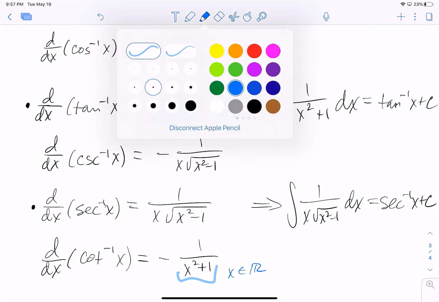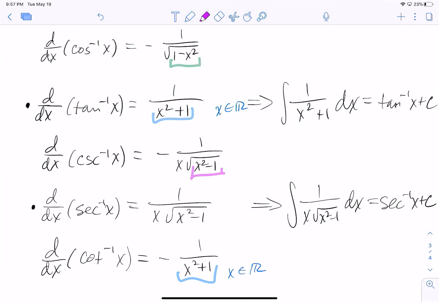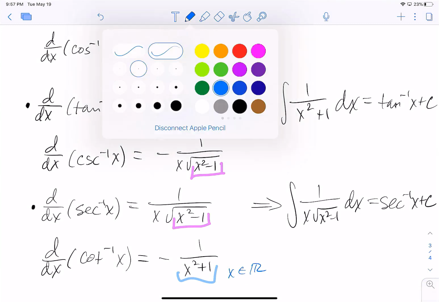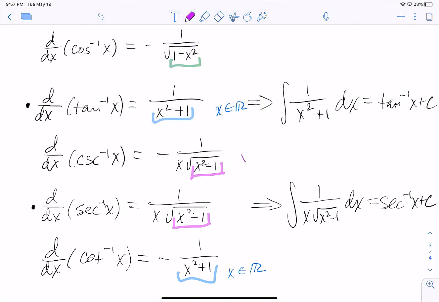For the inverse cosecant, we see that we have a square root in which x squared is the first term, right? We have x squared minus 1. X has to be in magnitude greater than 1.